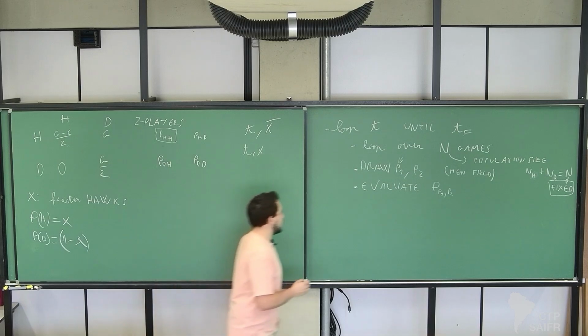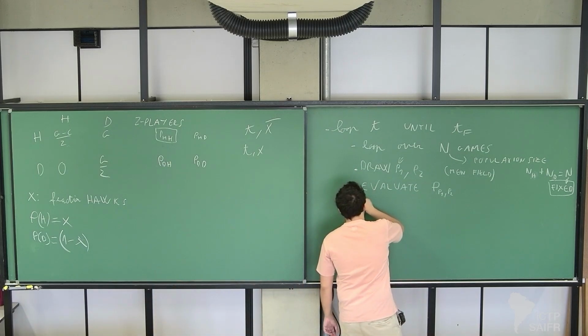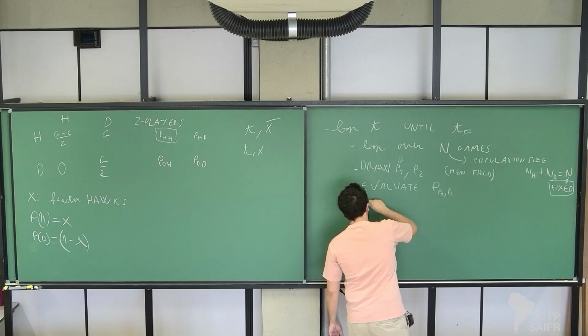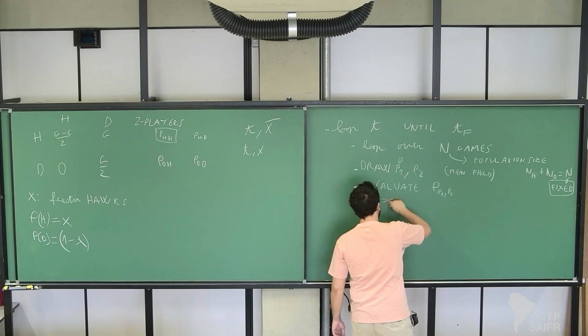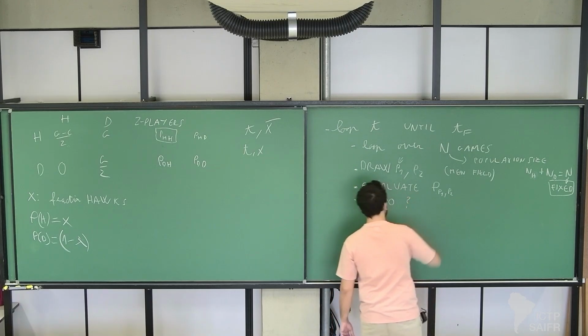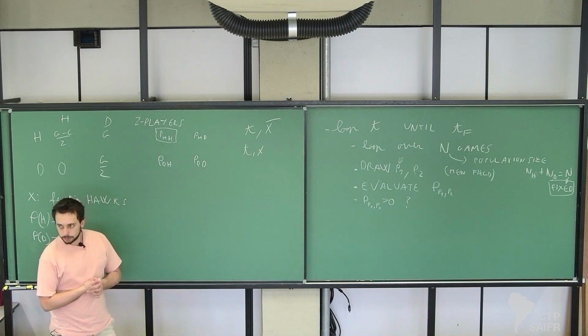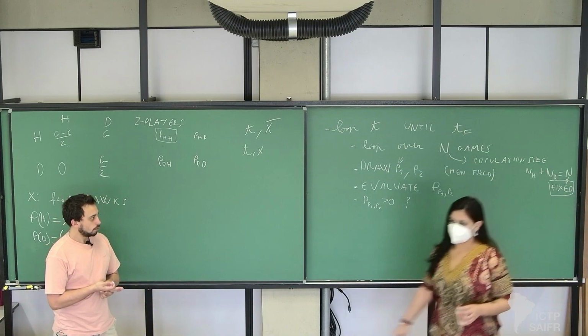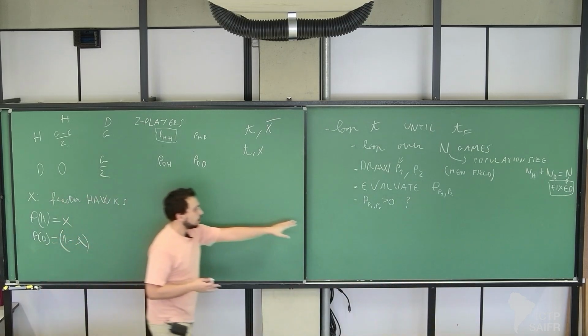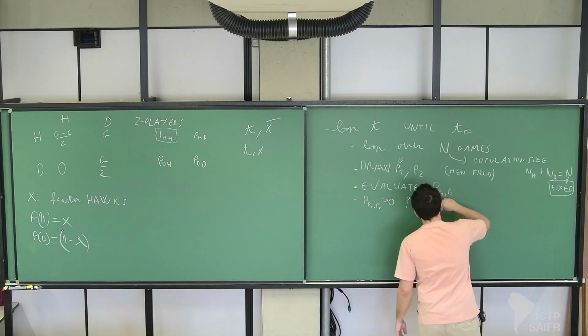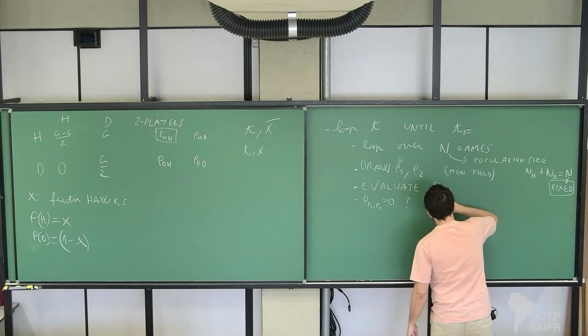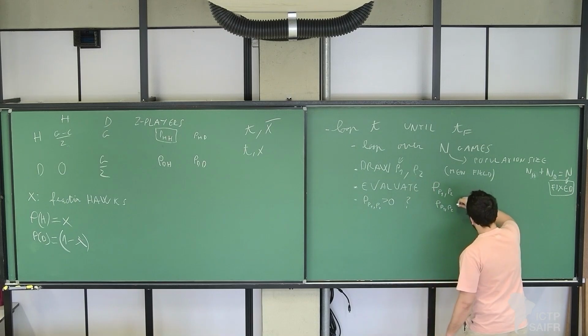And then you check if P1, P2 is bigger than 0 or smaller than 0, okay? Because if this is true, then P1, P2 is going to be a birth rate, okay?